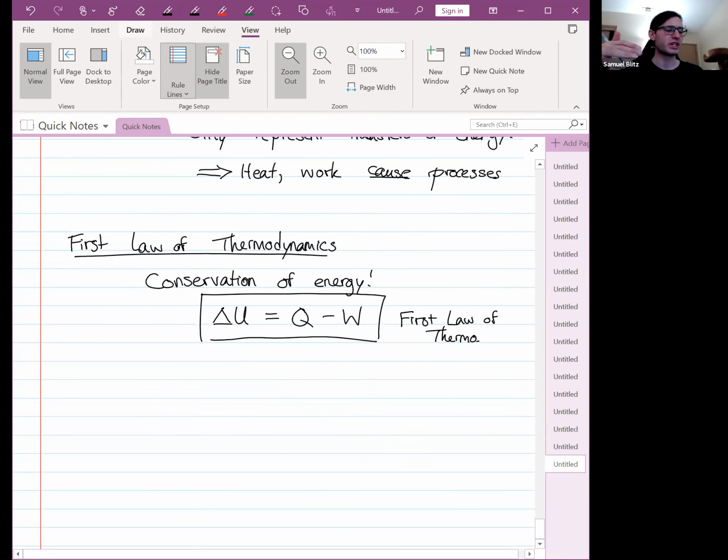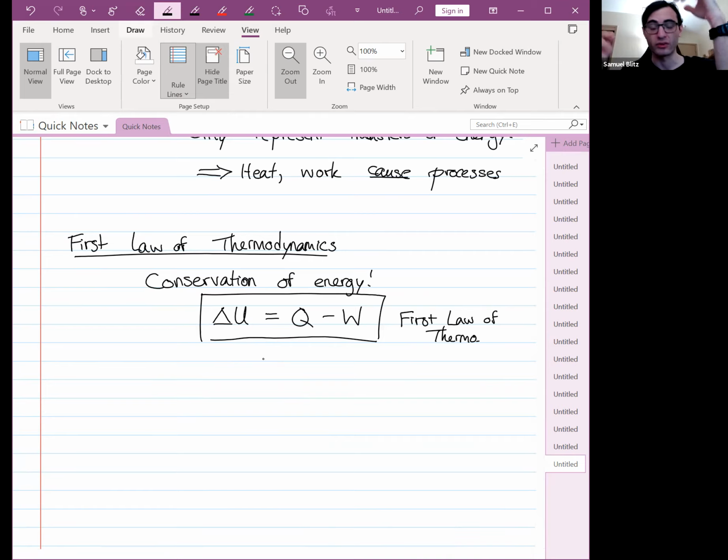Now, there are a few interesting and useful facts about this equation. First of all, delta U is a change in a state variable. All of the other equations that we've seen for thermodynamics, almost all of them, like PV equals nRT, you can write as a change in a variable, like delta PV equals delta nRT. That's totally valid.